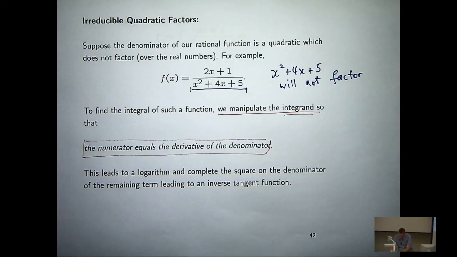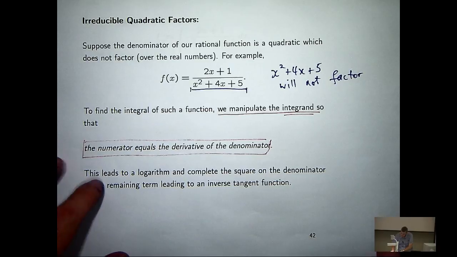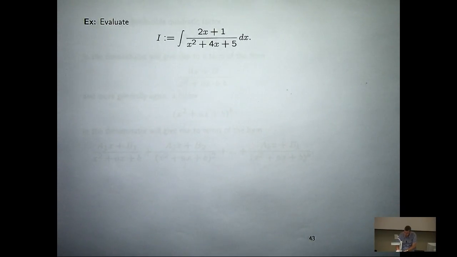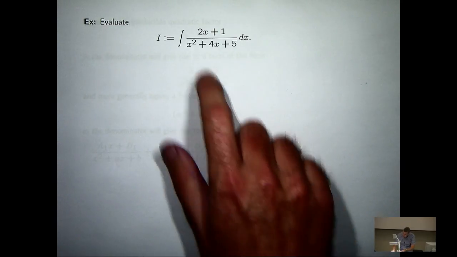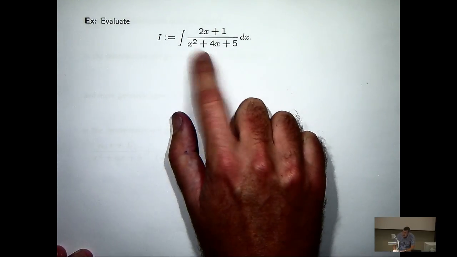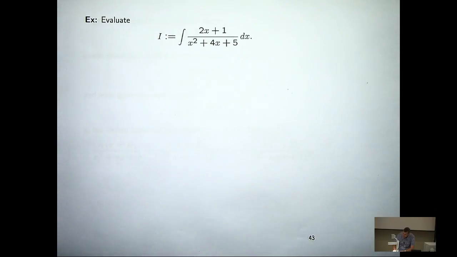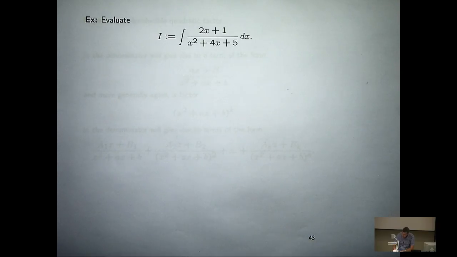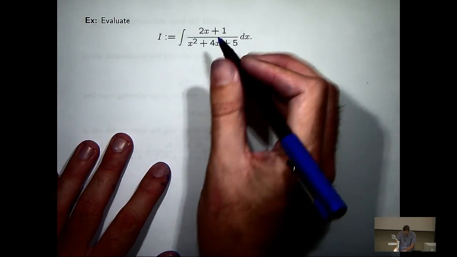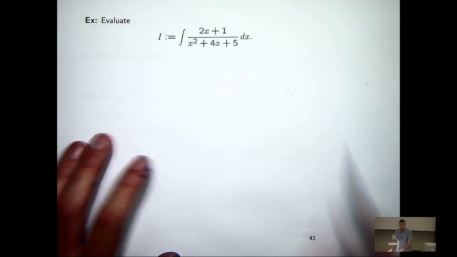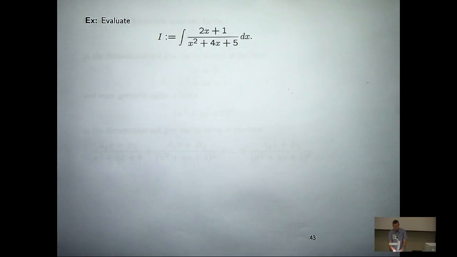So how does it work? Well, let's have a look. All right, so if you try to factor the denominator, you can't, at least over the reals. So what we are going to do is try to make the numerator into the derivative of what's on the bottom.